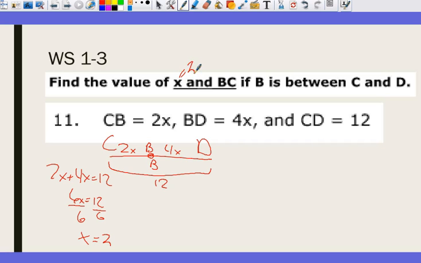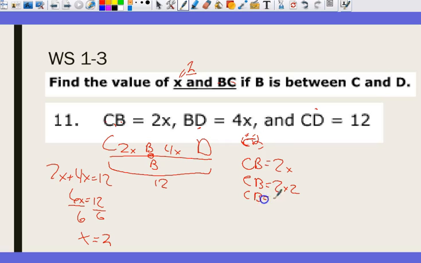BC, where's the equation for BC? Is it this one? Is it this one? Is it this one? BC is the same as CB. So we know the equation is going to be CB is equal to 2X. X was 2, so we know CB is equal to 2 times 2.